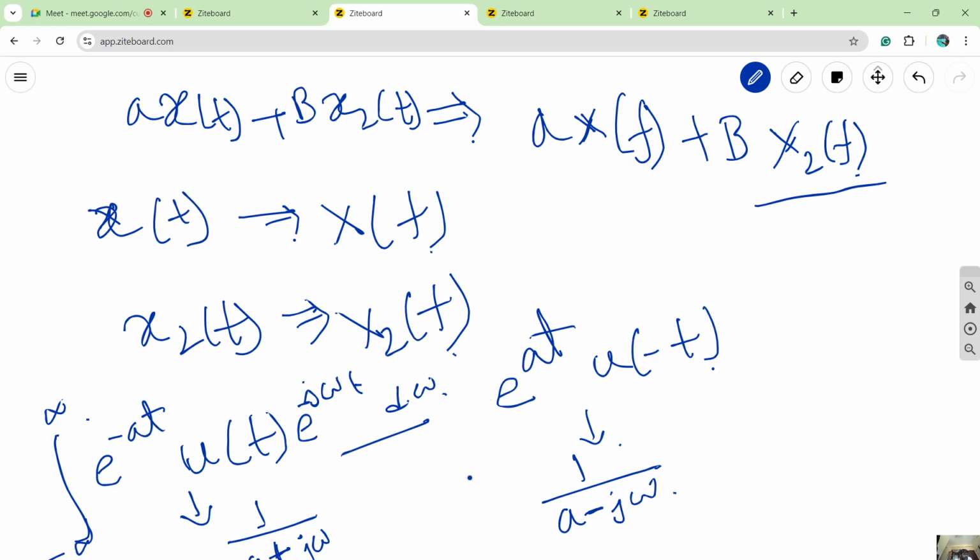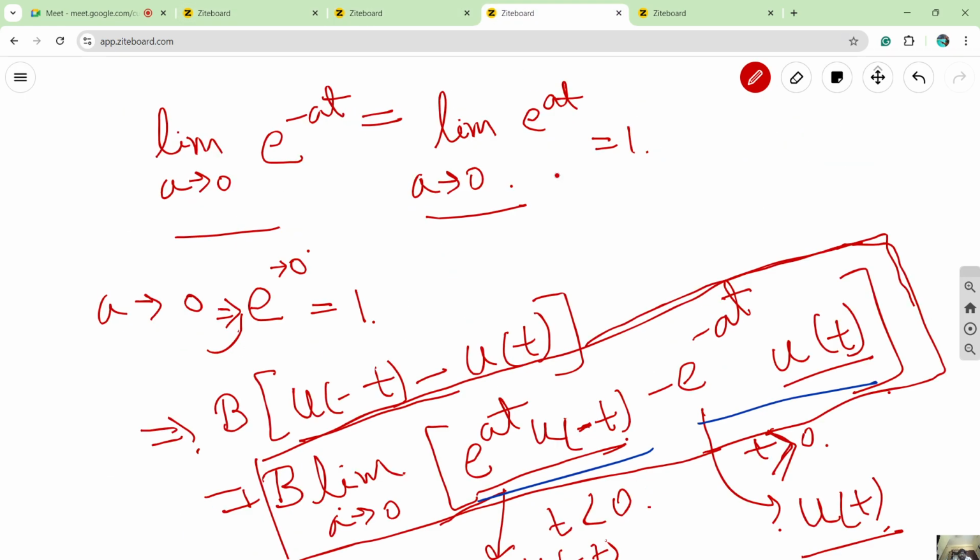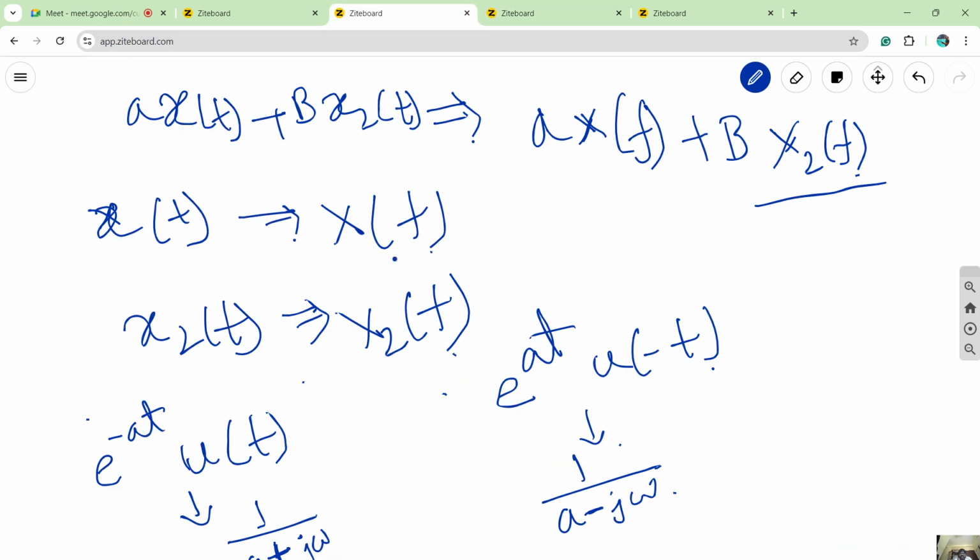So basically how we started, if we take this function and this function, we know what are the Fourier transformations corresponding to these particular things. Then you just have to replace here according to the linearity equation of Fourier transformation.